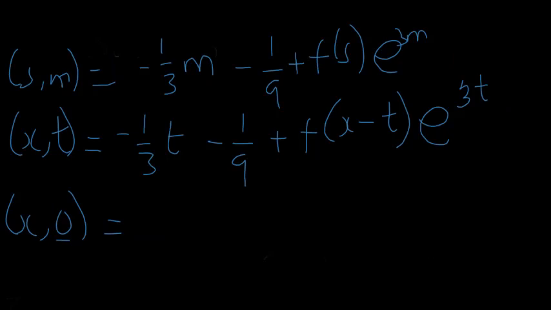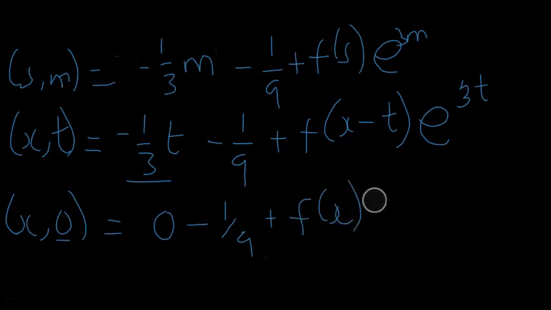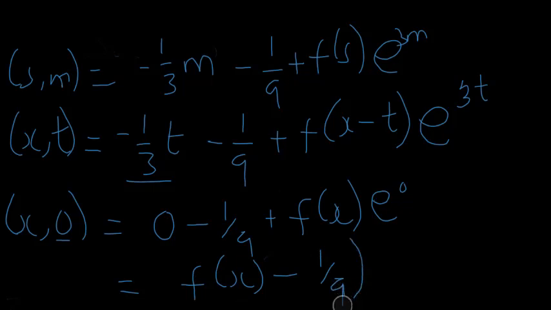Yes. So this term tends to 0 because negative 1 over 3 times 0 gives you 0, minus 1 over 9 plus t is 0, so we get an f of x here, then e to the power 0, right? So this is going to give you f of x minus 1 over 9, right?